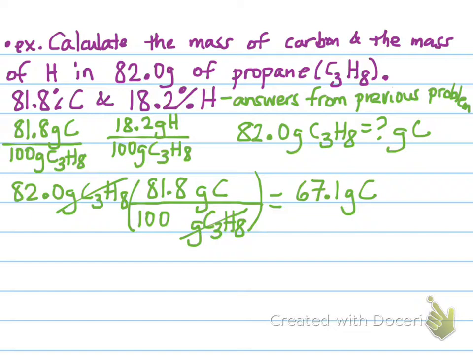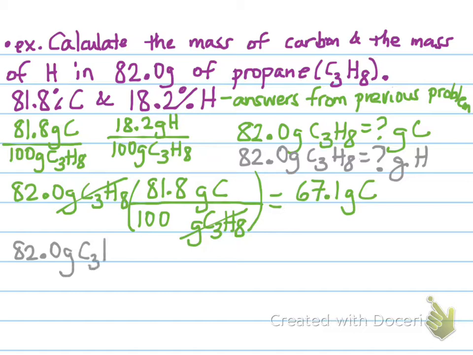Now, the second problem here is asking us if we have 82 grams of propane, how many grams of hydrogen do we have? So again, we still start this problem the same way. We're going to start with our 82 grams of propane. Grams of propane have to go on the bottom, so they'll cross out.